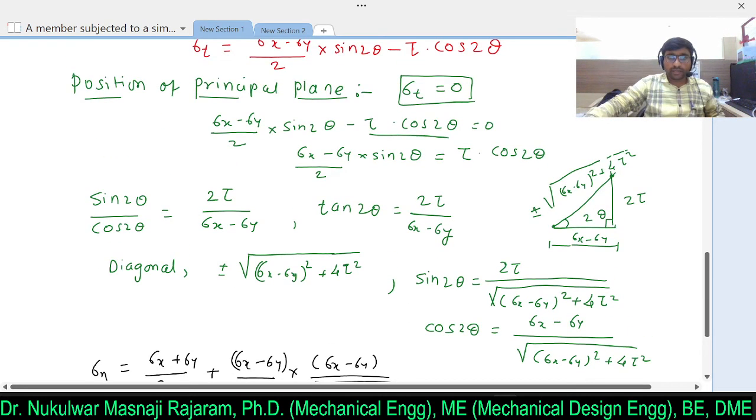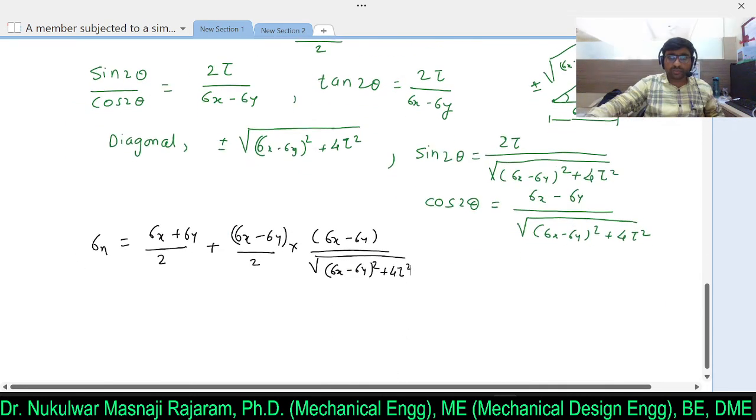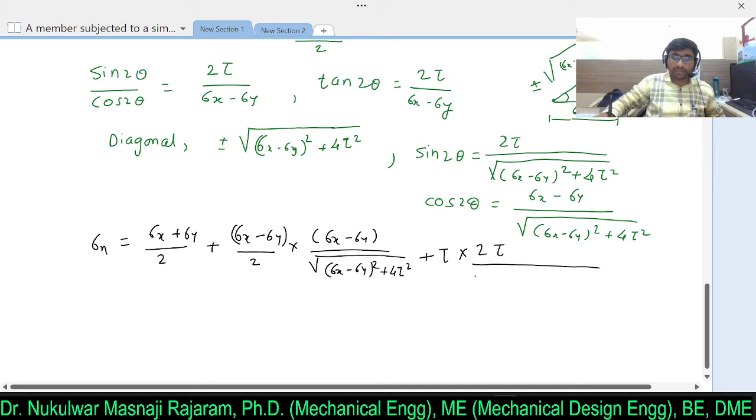Now it is not ended, plus tau into sin of 2 theta, that is 2 tau divided by under root of sigma x minus sigma y square plus 4 tau square.